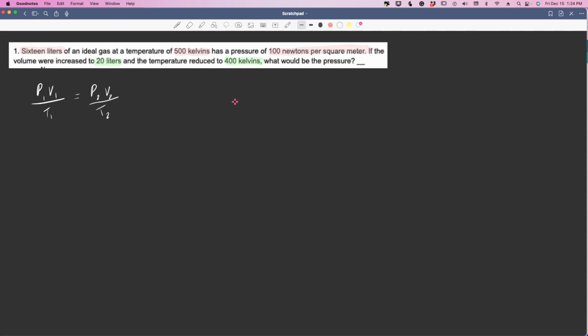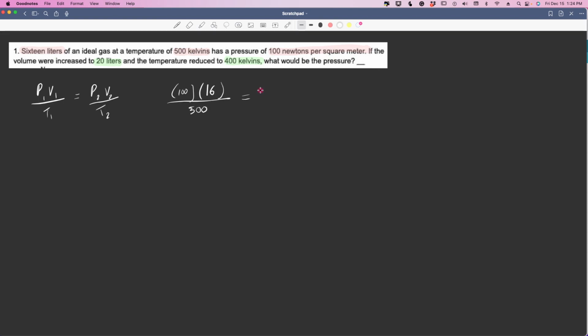So now I know how to set up my problem. 16 liters of an ideal gas, so that's my original volume, and my original pressure is 100. My original temperature, Kelvin, is a temperature, so 500 goes here. Now, my volume is increased to 20.